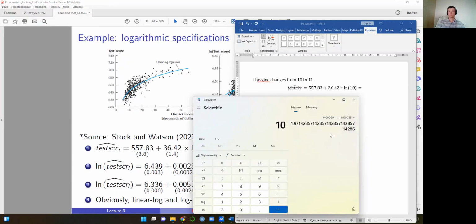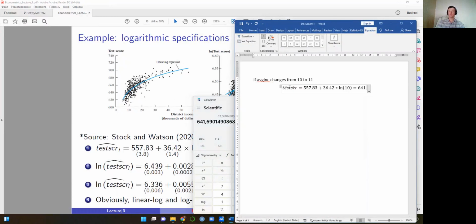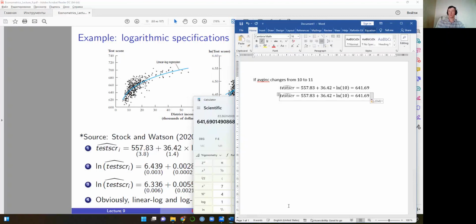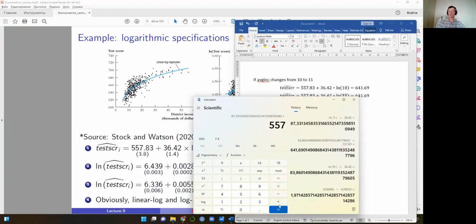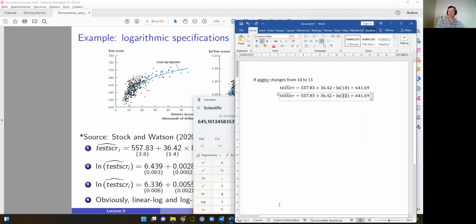So we take 10, we compute the natural logarithm, multiply by 36.42, plus 557.83. And we have 641.69. Now if the income is 11, we simply change this to 11 and we compute the natural logarithm of 11 times 36.42 plus 557.83, so it's 645.16.